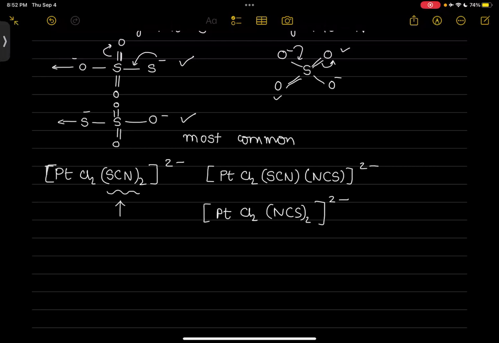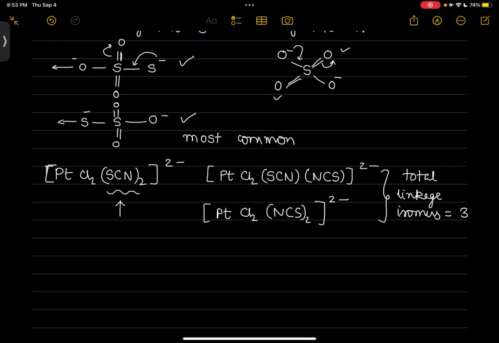Is it clear? So total linkage isomers will be equal to 3. Got it?